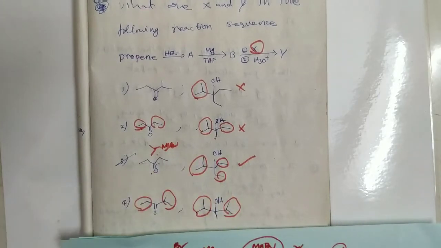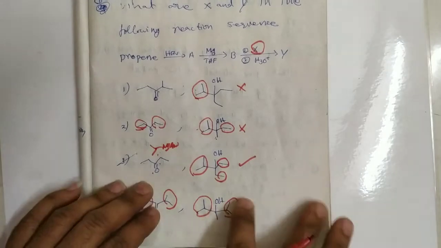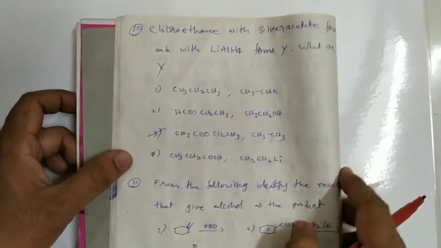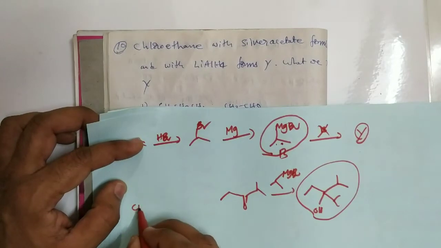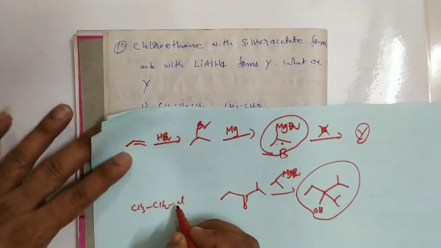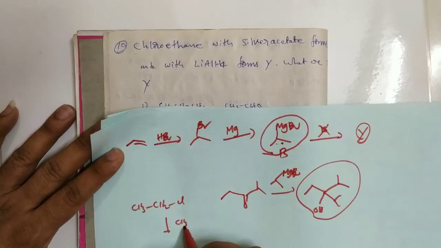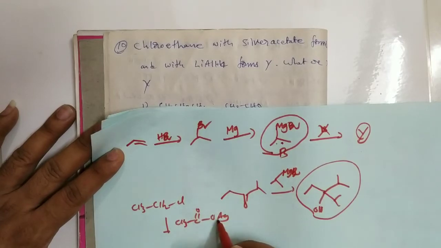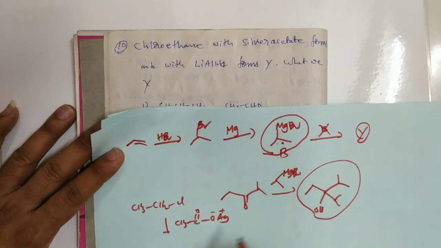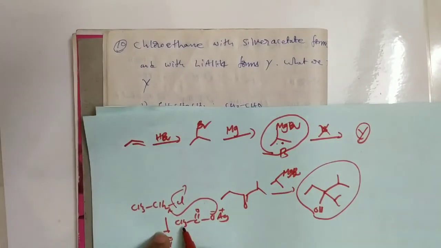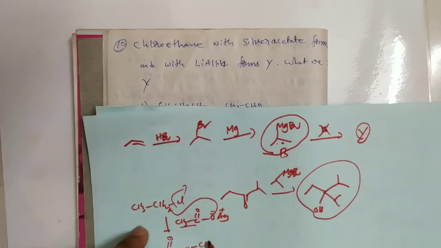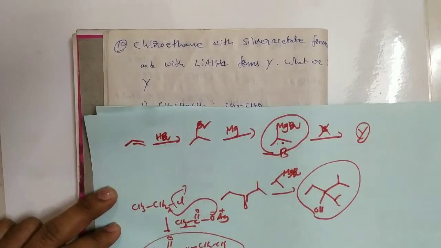This is the previous AP EAMCET question. And next, 60th question, yes, it is also a previous EAMCET question. In this case chloroethane, CH3CH2Cl, on treating with silver acetate, CH3C(=O)O-Ag+, the acetate is a nucleophile. That nucleophile will replace the Cl-. So the product is CH3C(=O)OCH2CH3, that means an ester is the product.